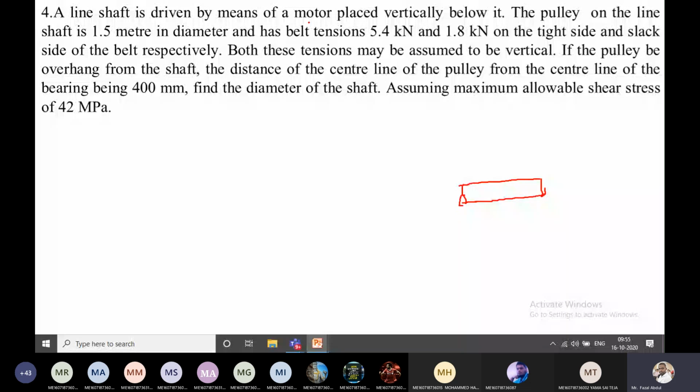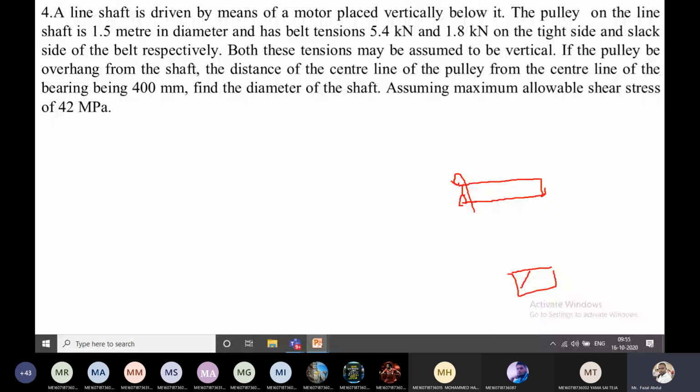So this shaft is driven with the help of an electric motor placed below the shaft. Here one electric motor is there, and I'm drawing a block diagram for the motor.